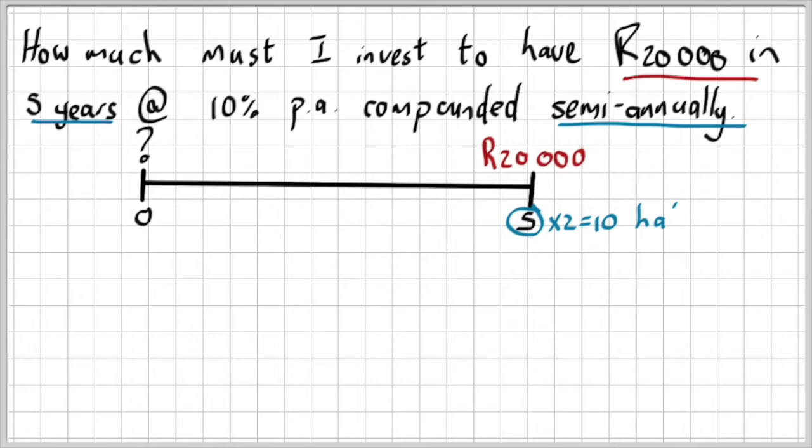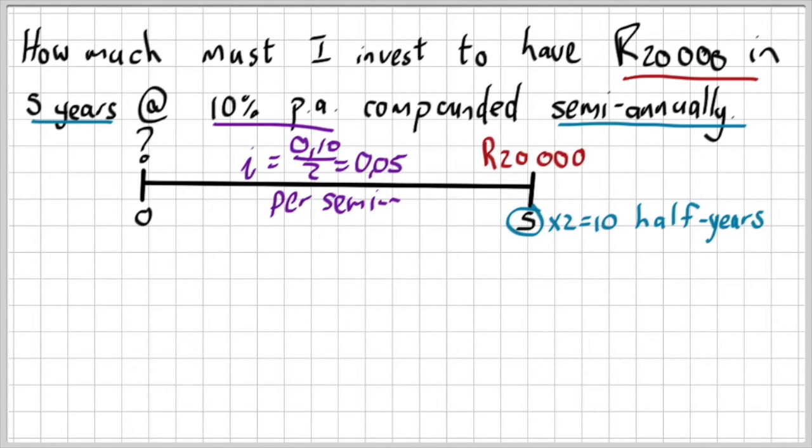So everything that I'm looking for must be in half years for the formula. So the interest rate, which is at the moment 10% per annum, we've got to look at getting that per half year. So I've got to divide it by 2, which means it's 0.05 per half year. Very important: your N and your interest rate, so your number of periods and your interest rate, must be the same periods, half years in this case.